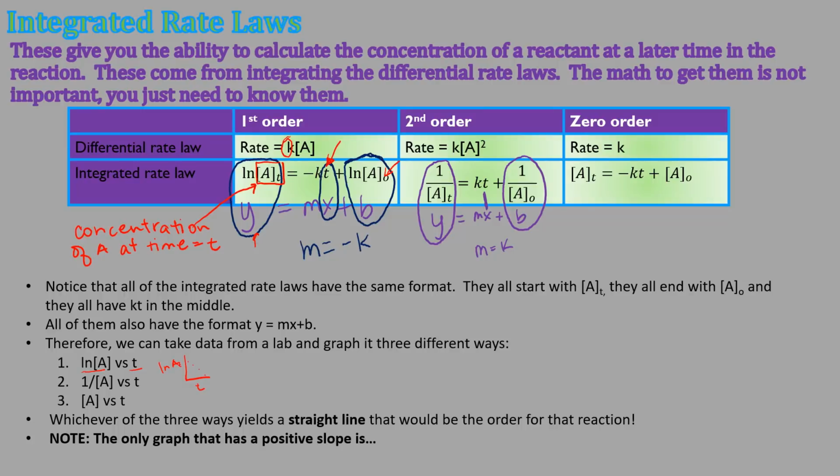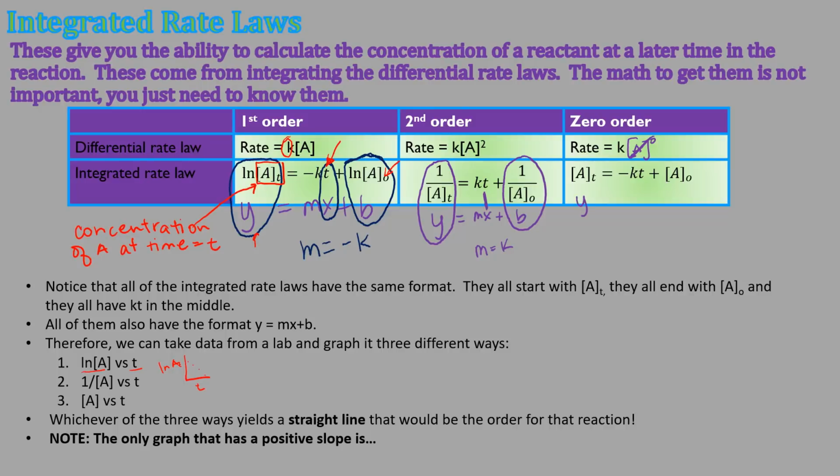And then the very last one is for 0 order, and this is one of the weirdest ones to understand in my opinion, because the concentration of A has 0 effect on how fast the reaction goes. So for 0 order, we actually have A raised to the 0, and anything raised to the 0 becomes 1, so that goes away. And so the rate is unaffected by our concentration of reactant.